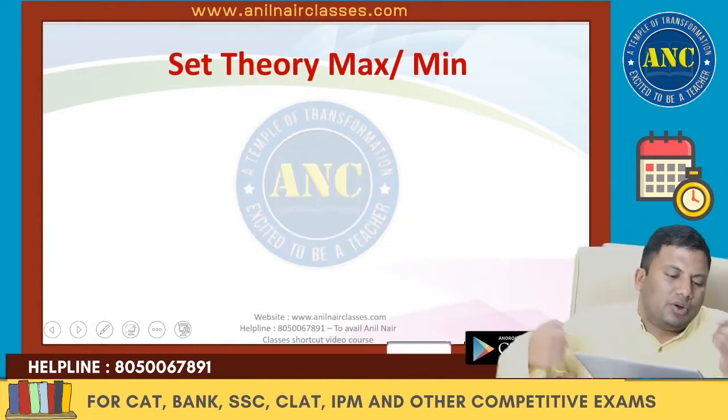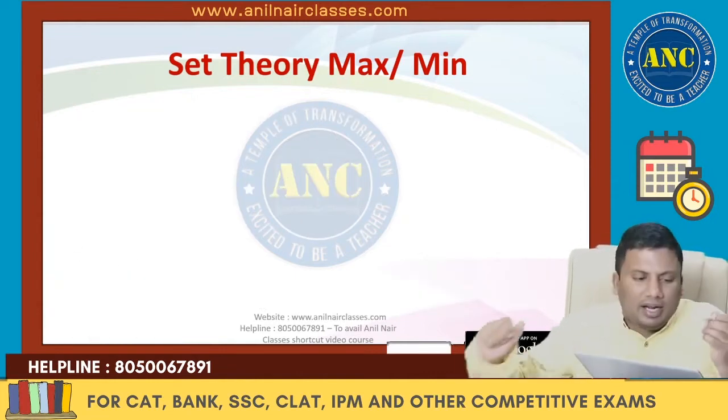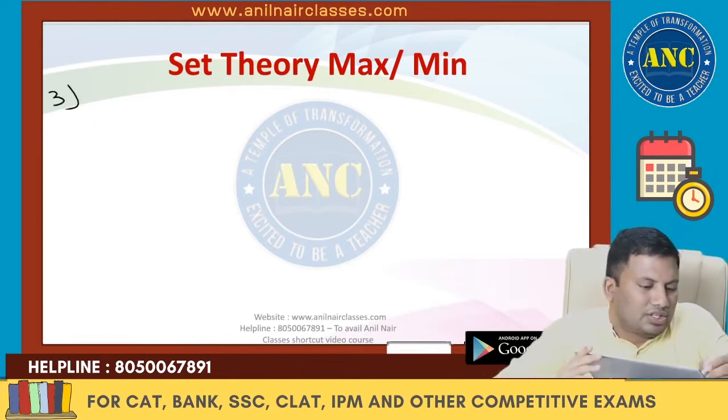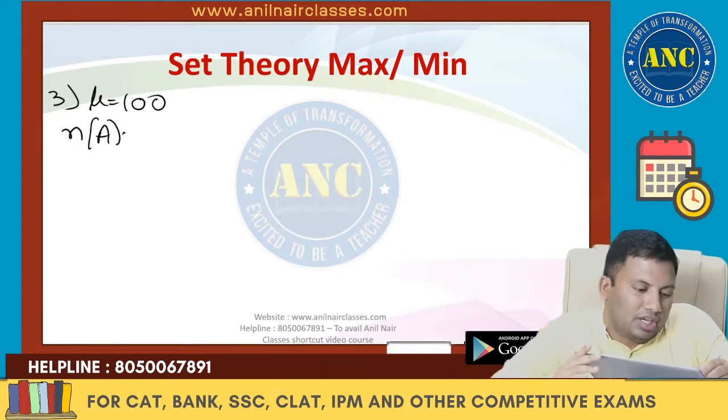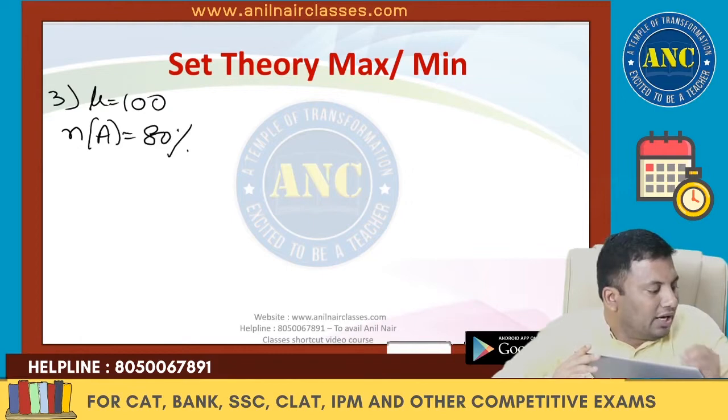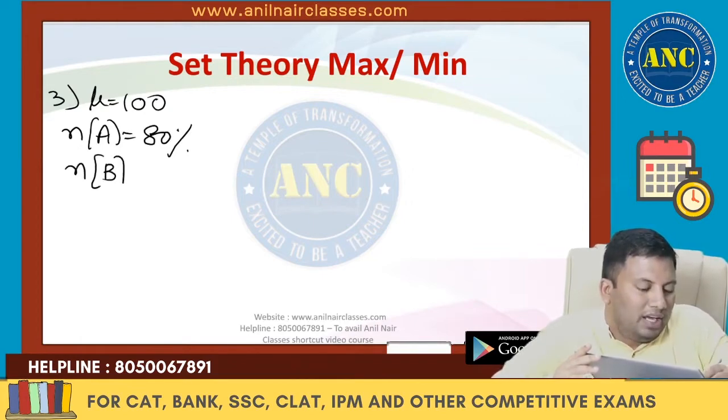Third one. Once you understand, these all are very, very easy questions. Mu is nothing but 100. N of A is nothing but, in the original question I am taking 80%. N of B is nothing but 90%.